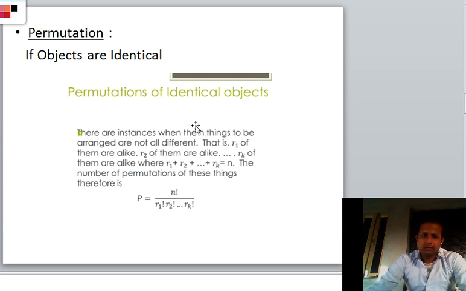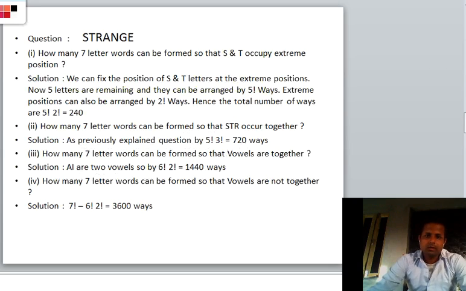We also discussed the permutation formula when the objects are identical: factorial n by factorial r1 into factorial r2 and so on. Now let's discuss a few conceptual questions in permutation and combination.